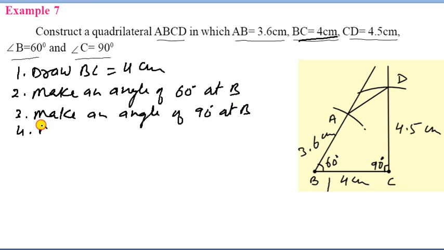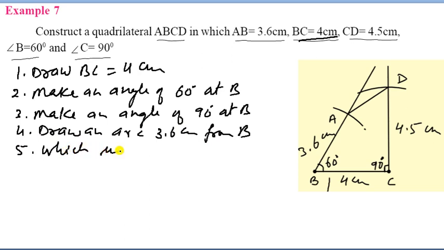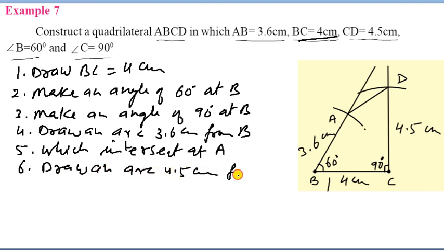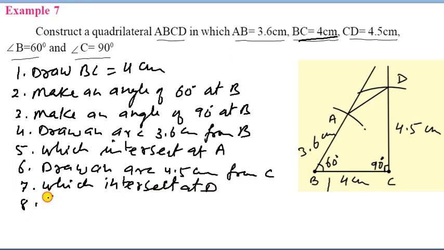Now fourth point, draw an arc 3.6 centimeter from B, which intersect at A. Number 5, once again draw an arc 4.5 centimeter from C, which intersect at D. Join AD.